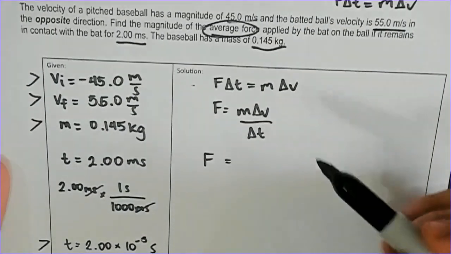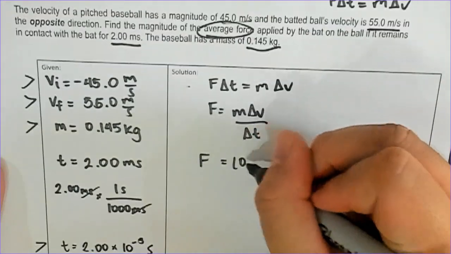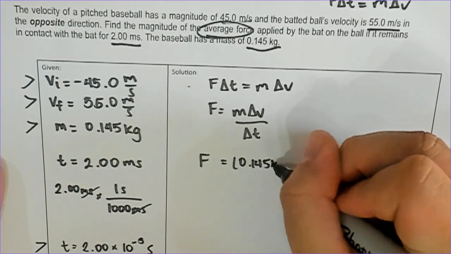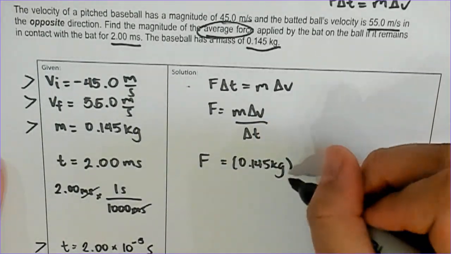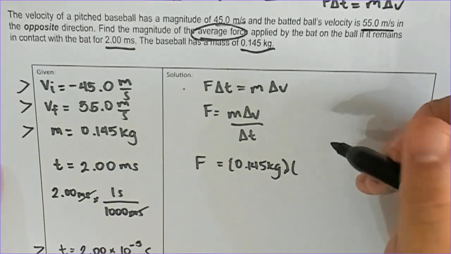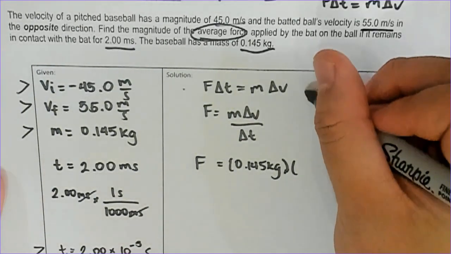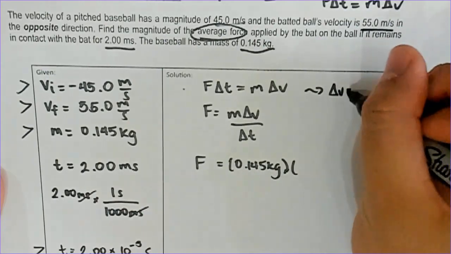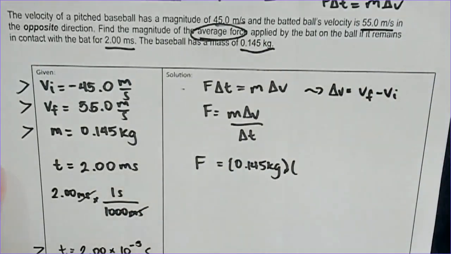So mass is 0.145 kilograms, right? And now what we want is our change of velocity. We have to note that change of velocity is always final minus initial.